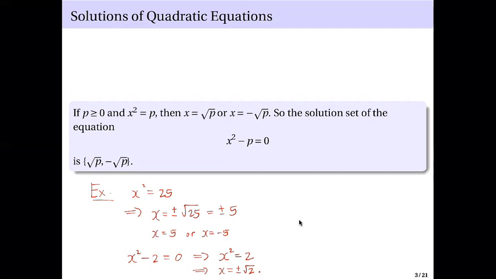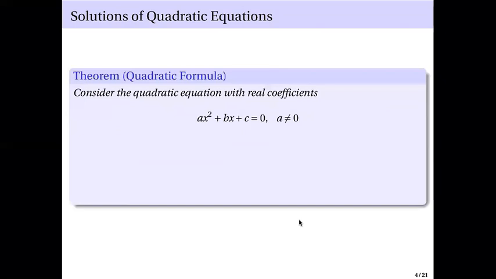Our next way of solving quadratic equations is the use of the quadratic formula. In here, let us consider the equation ax squared plus bx plus c equals 0, where a is not equal to 0.